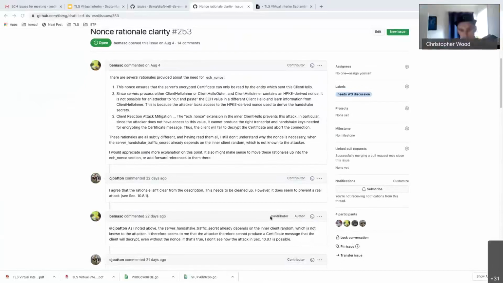Well, the secrecy is that it's encrypted, so that's supposed to provide the secrecy. But I updated the discussion in security considerations about this client reaction attack to say that the secrecy of the inner client hello random prevents that attack. I guess we should all try to agree that that's actually the case. Worth talking about.